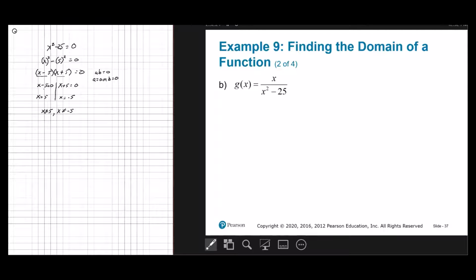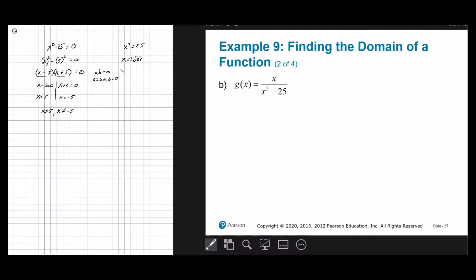Now, the other way of solving this is to add 25 to both sides. So I get x squared equals 25, and I use the property of square root. The property of square root means if I take the square root of both sides, then I have a positive and negative square root.